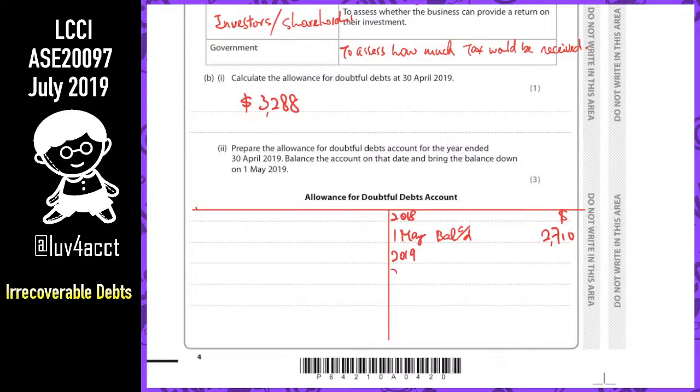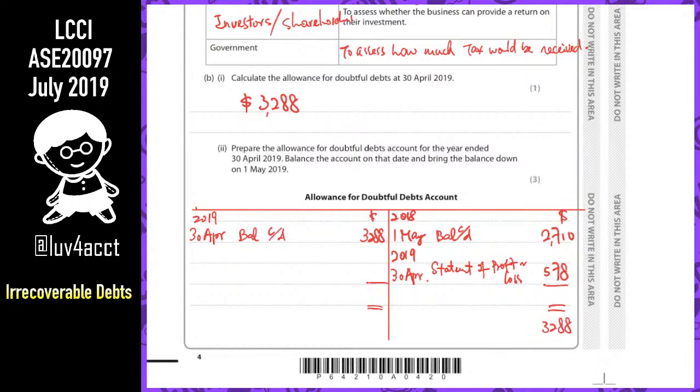So year 2019, 30th April, statement of profit or loss, 578, and that makes the total 3288 to be brought down, carried down. So 3288, year 2019, 1st of May balance. So 3 marks only.